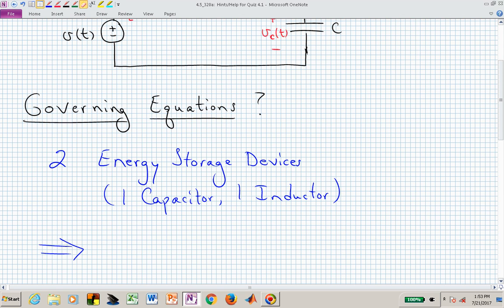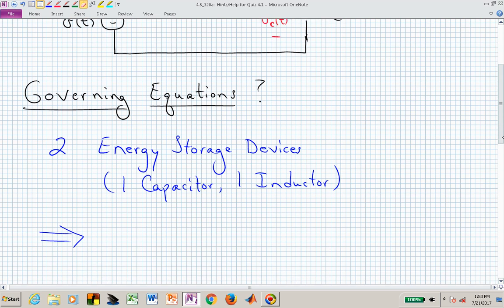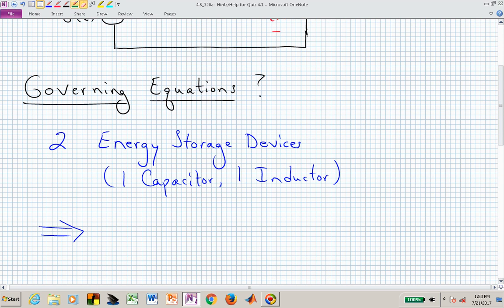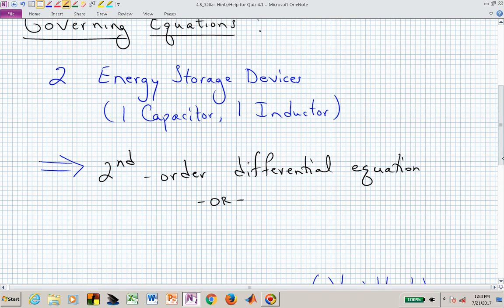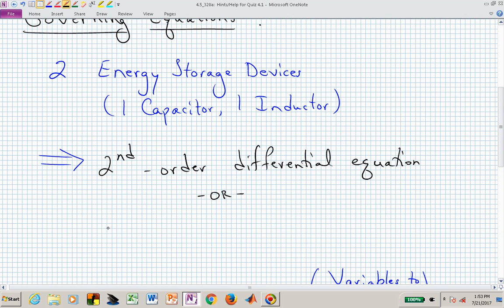that we can expect either a second order differential equation, or we could be satisfied with two first order differential equations, and these first order differential equations generally would be coupled.